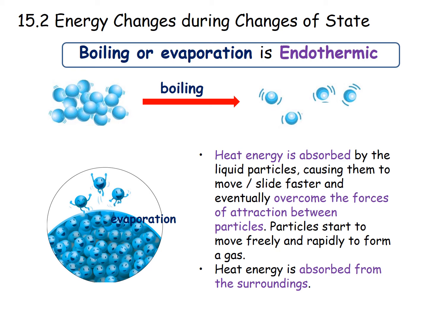Similarly, during evaporation, which can take place at any temperature, liquid particles collide, and some particles gain enough energy to move to the surface. These particles, which reach the surface, have more energy than the ones below, so have enough energy to pull away from the particles below and escape into the air as water vapor.